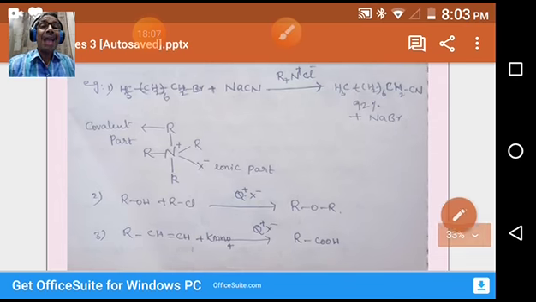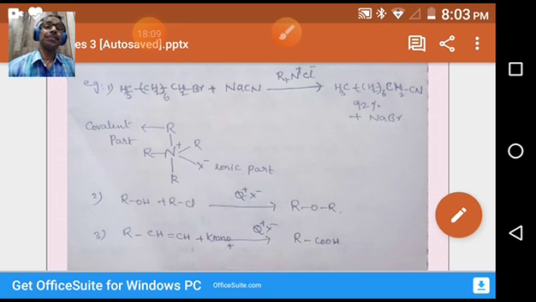So when we add this reagent to the substrate, what happens? Because of its solubility in both phases, it easily goes to the sodium cyanide, and this tetrabutyl ammonium halide is converted into tetrabutyl ammonium cyanide. This cyanide is also of bipolar nature, with both hydrophobic and hydrophilic character.